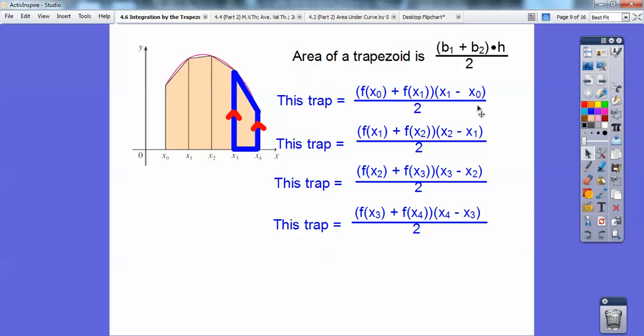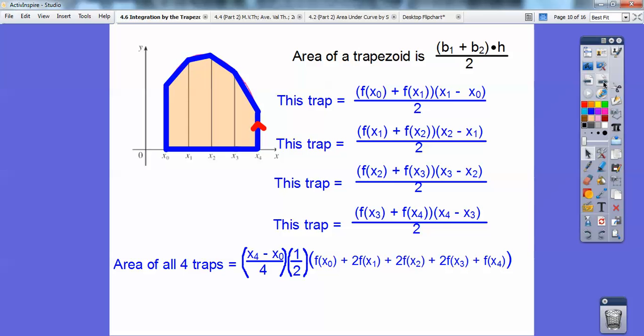Alright, and then check this out, you guys. Notice I have f of x sub 1 repeating, f of x sub 2 repeating, and f of x sub 3 repeating. f of x sub 0 and f of x sub 4 don't repeat. So what I can do is get the area of all of those and add them all up. And instead of doing x1 minus x0 and x2 minus x1, here it is, the whole difference: x sub 4 minus x sub 0 divided by 4 equal rectangles.